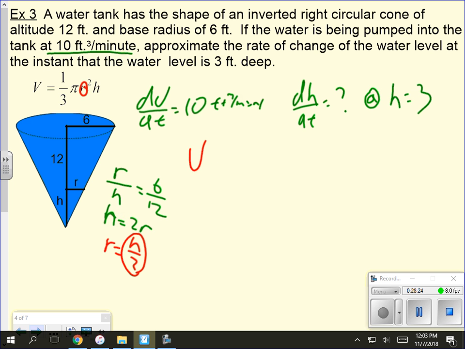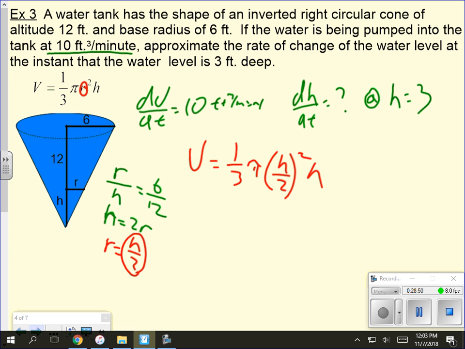So my new volume, 1/3 pi (H over 2) squared times H. The radius is always half the height. Always. No matter what it is, it's always half the height. Because it is that constant ratio, I can do that and eliminate one of my variables.